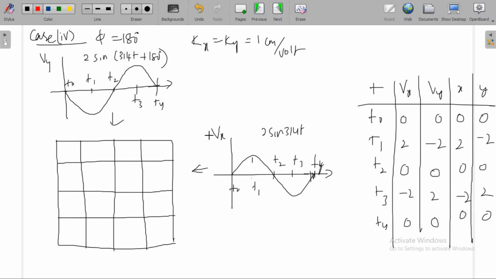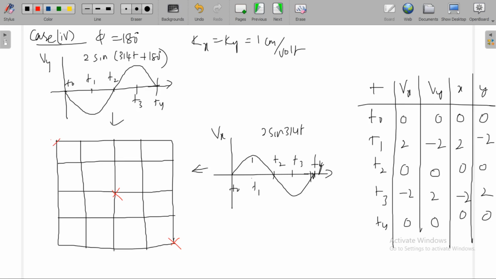Okay, then 0 comma 0, 2 comma minus 2, 0 comma 0, minus 2 comma 2.